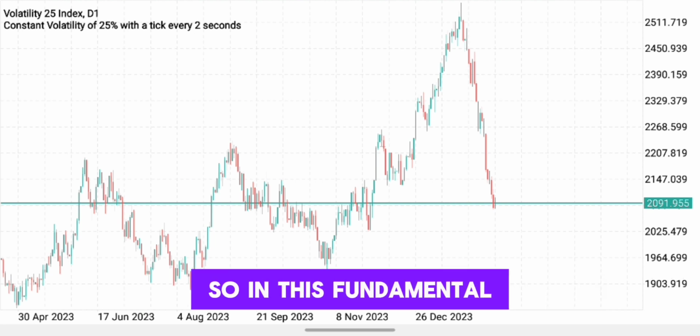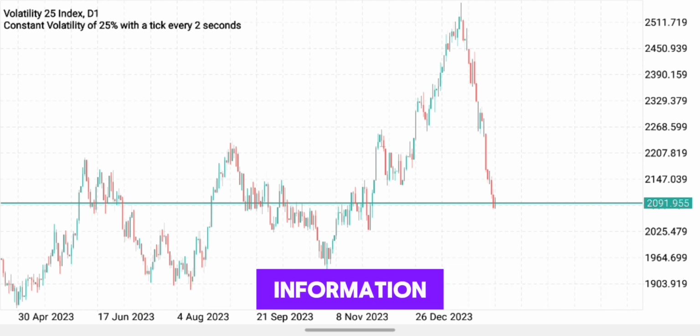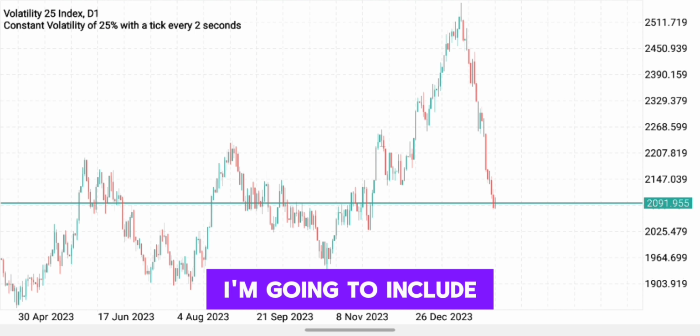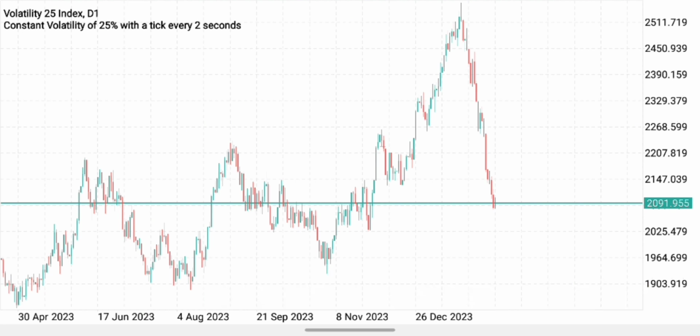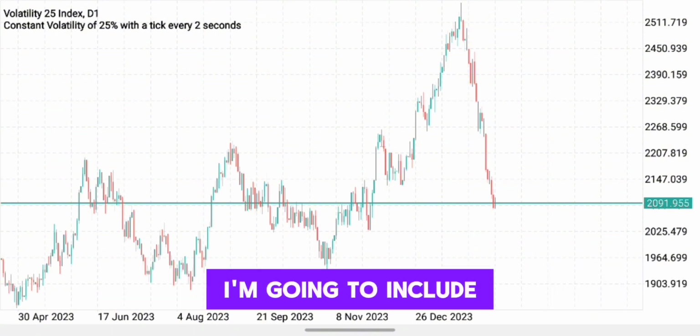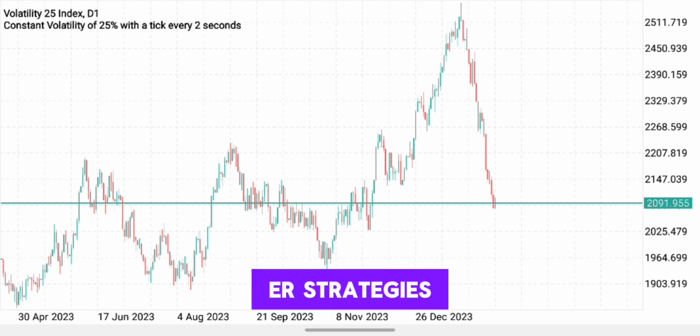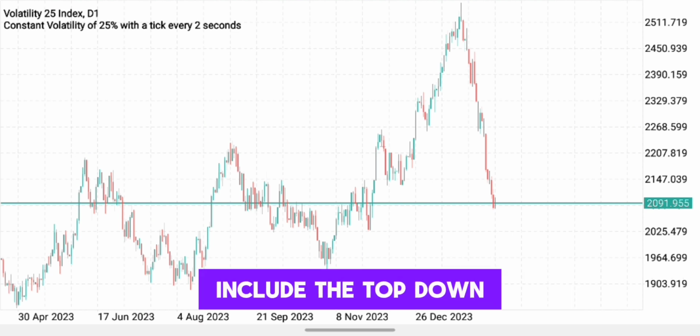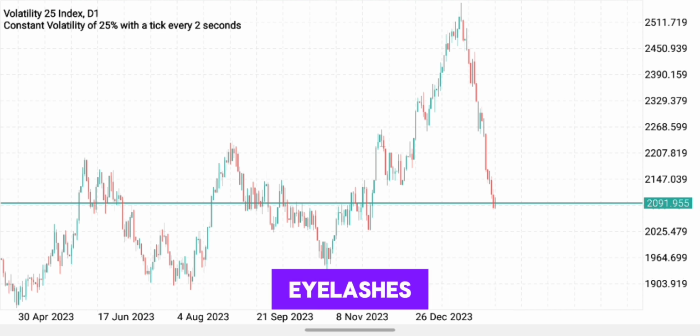So in this fundamental information, I'm going to include candlestick patterns information. I'm going to include the risk management strategies. Also, I'm going to include the top-down analysis.